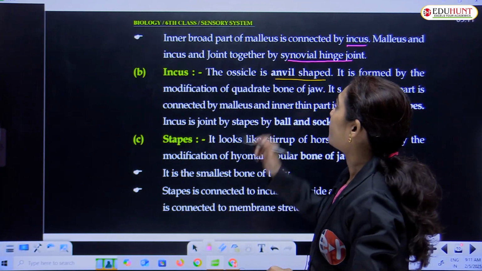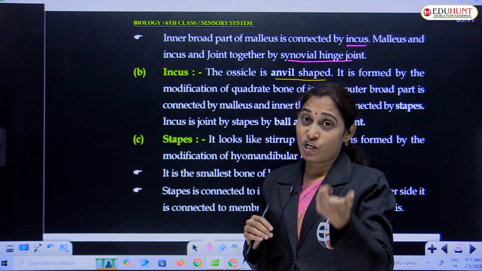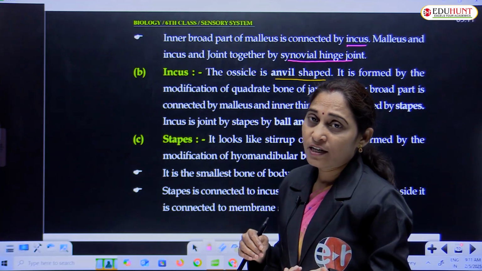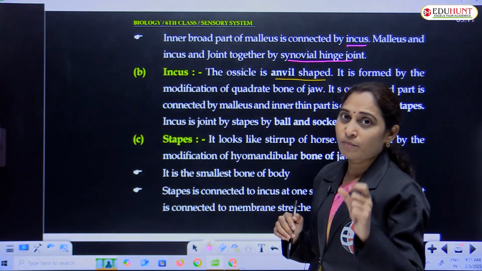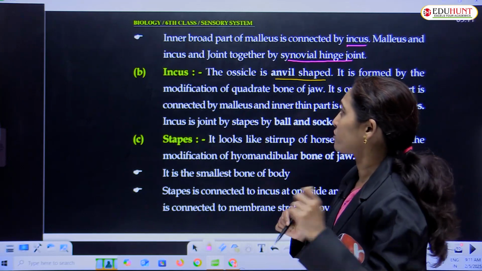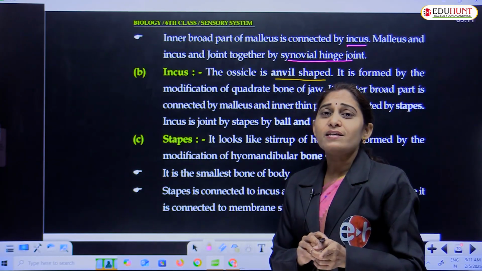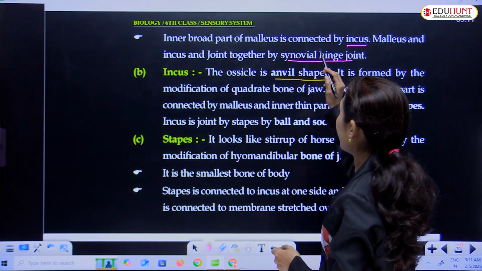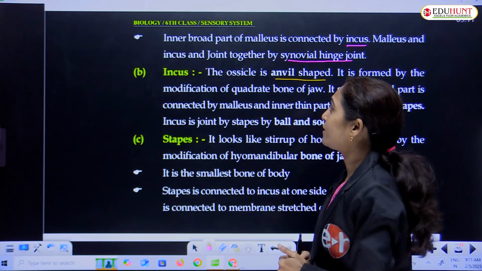In the same way, it is like a saddle-like synovial joint. It is movable, but the movement has restrictions. And the malleus is connected to the incus by this synovial joint. And the next ear ossicle is the incus.